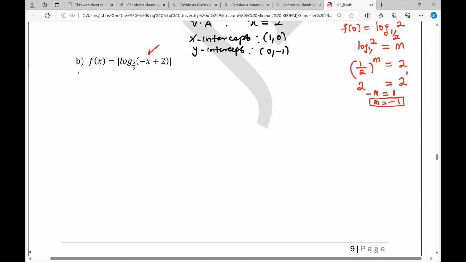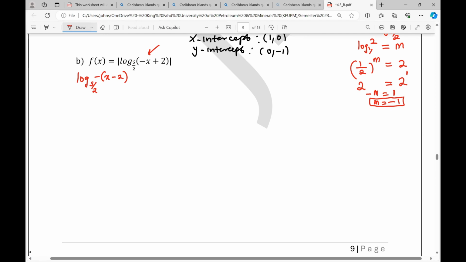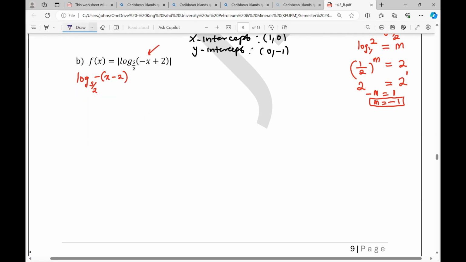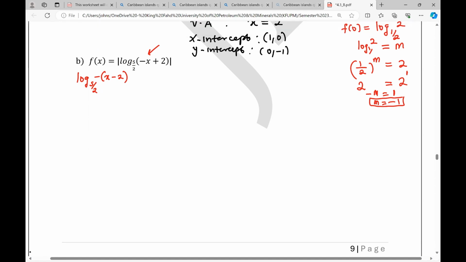We can rewrite the inside function by taking a minus out, so that here becomes x minus 2. So we can start with log to base 5 over 2 of x.